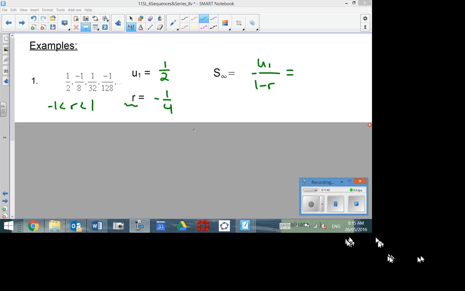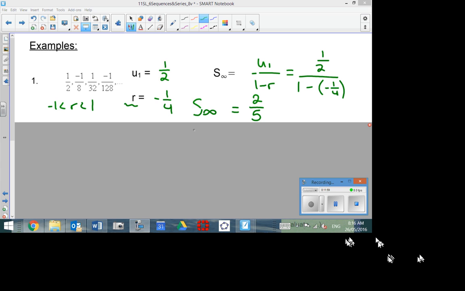So my u sub 1 is 1/2 divided by 1 minus my ratio of negative 1/4. If I simplify that, I should wind up with my infinite sum as 2/5.